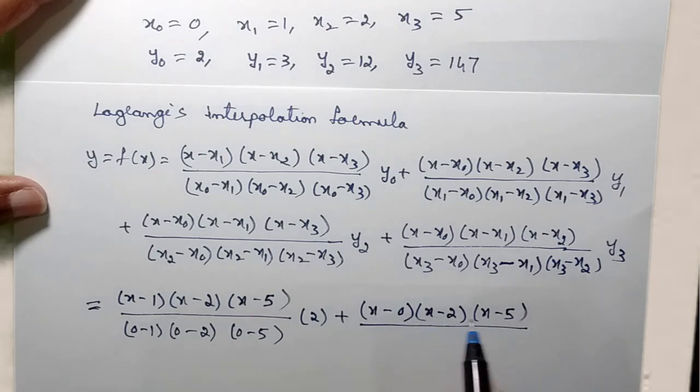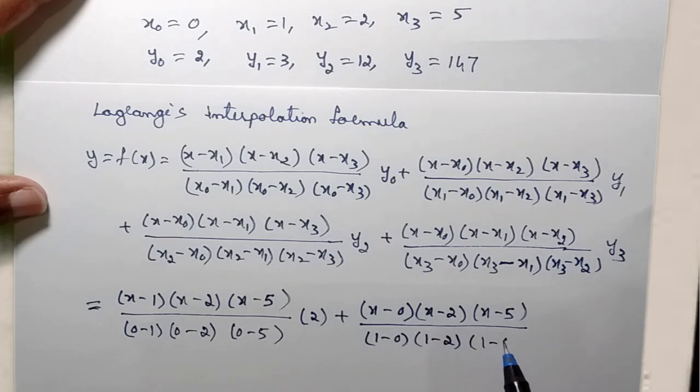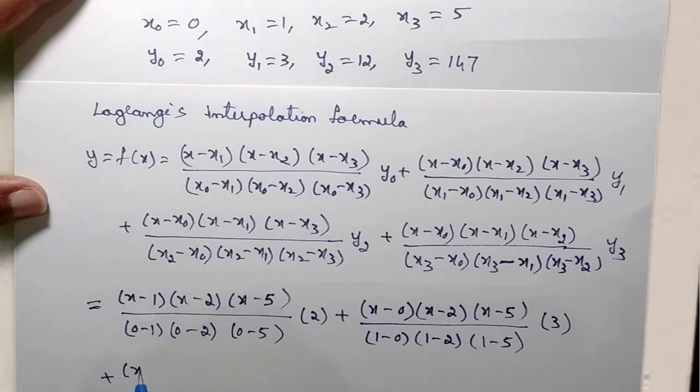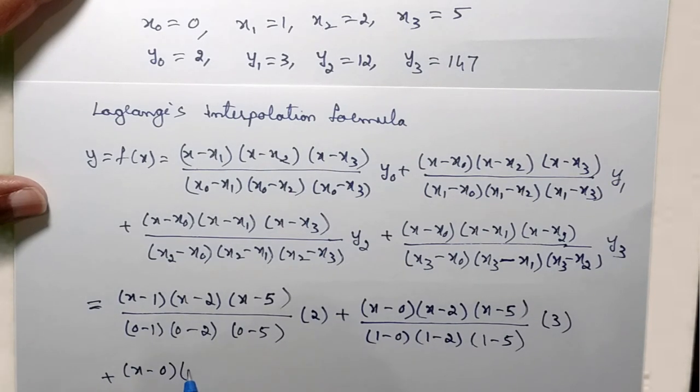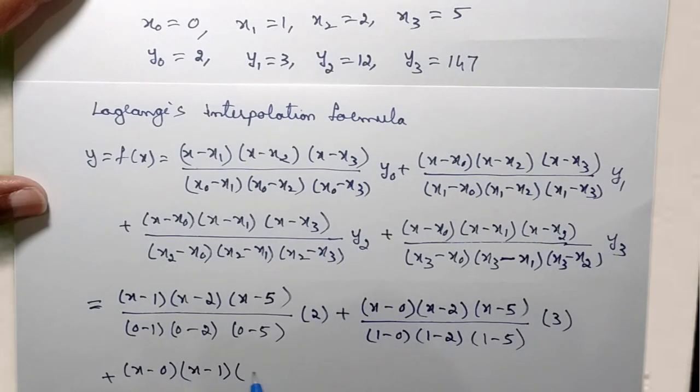Here just replace x by x1, so x1 value will be 1: 1 minus of 0, 1 minus of 2 and 1 minus of 5, into y1 value, which is 3, plus x minus x0 value will be 0, x minus x1 value will be 1, x minus x3 value will be 5, whole divided by x2.